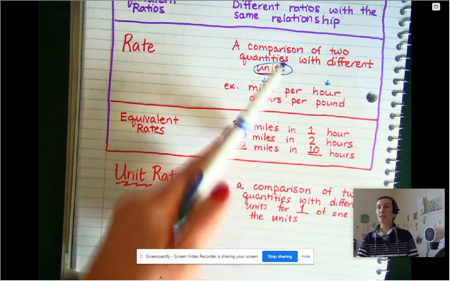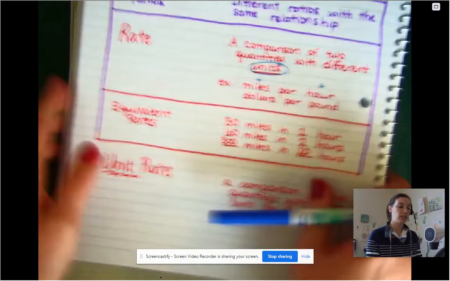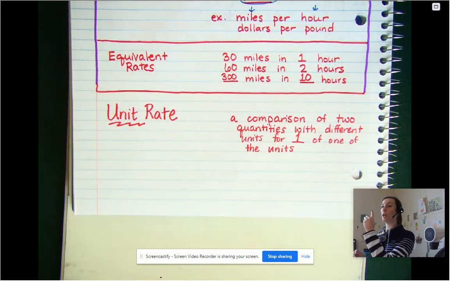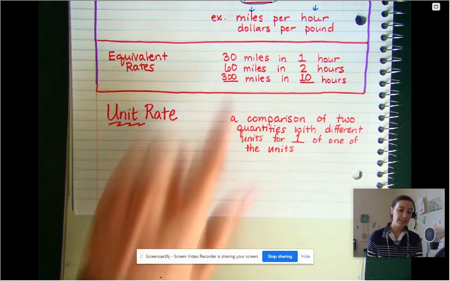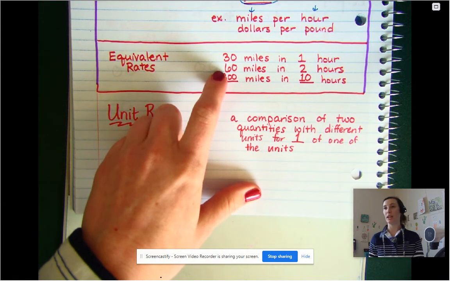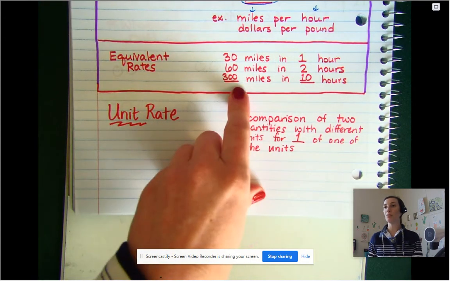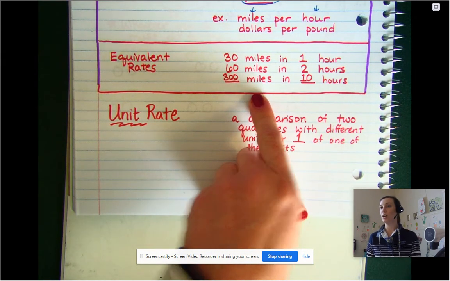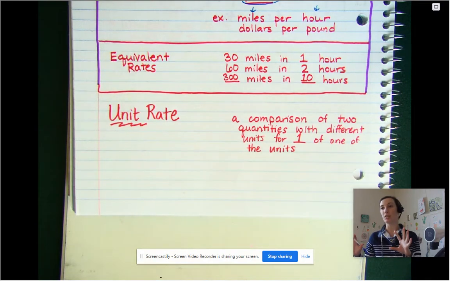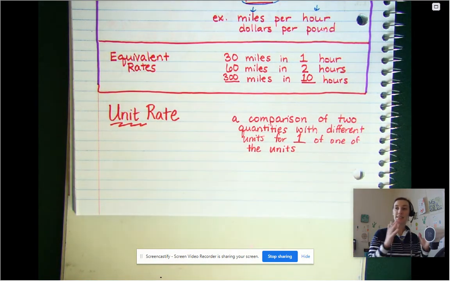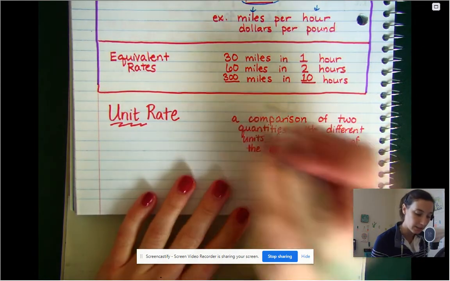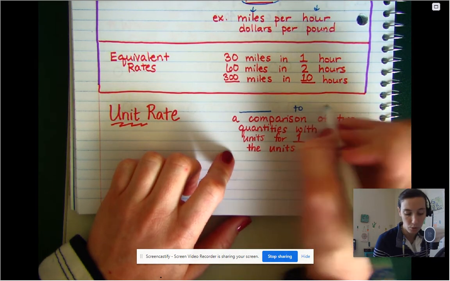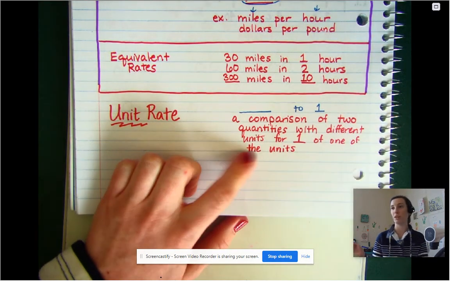So 30 miles in 1 hour is a unit rate, or $15 for 1 pound is a unit rate because we're doing one of the units. 60 miles in 2 hours is not a unit rate. Neither one of those numbers is 1. 300 miles in 10 hours is not a unit rate because neither one of those numbers is 1. So the only sort of magic secret to a unit rate is that it's something to one of something else. So it's like this many whatevers to one of whatever the other thing is.